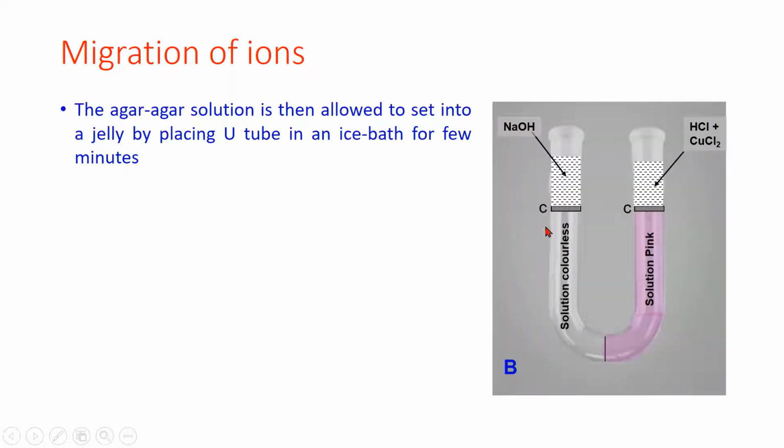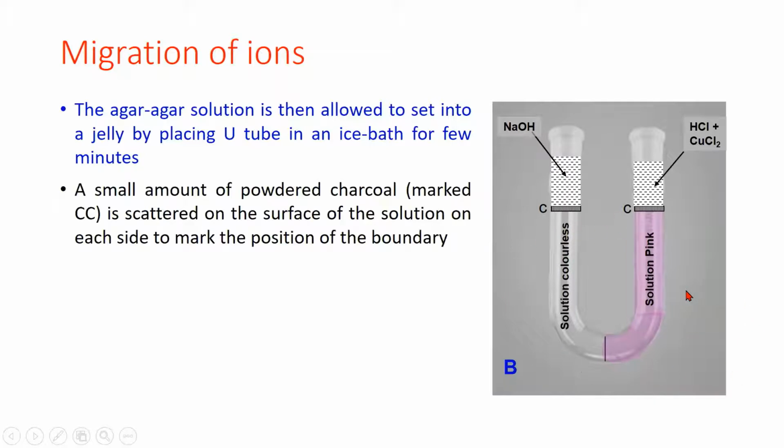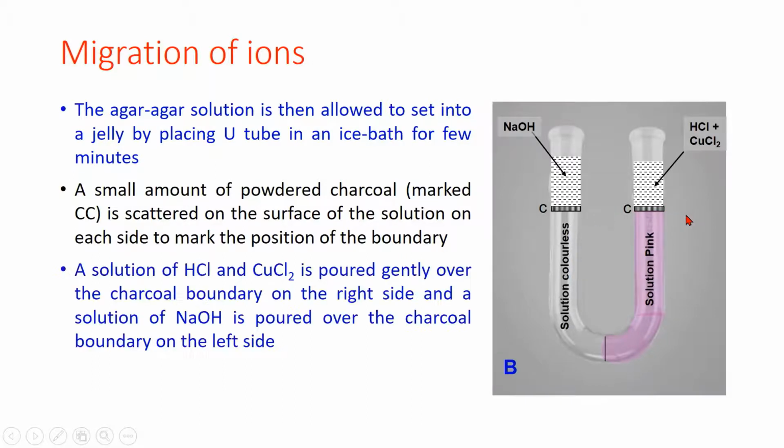Agar-agar solution is then allowed to set into a jelly by placing the U-tube in the ice bath for a few minutes. A small amount of powdered charcoal is scattered on the surface of the solution on each side to mark the position of the boundary.